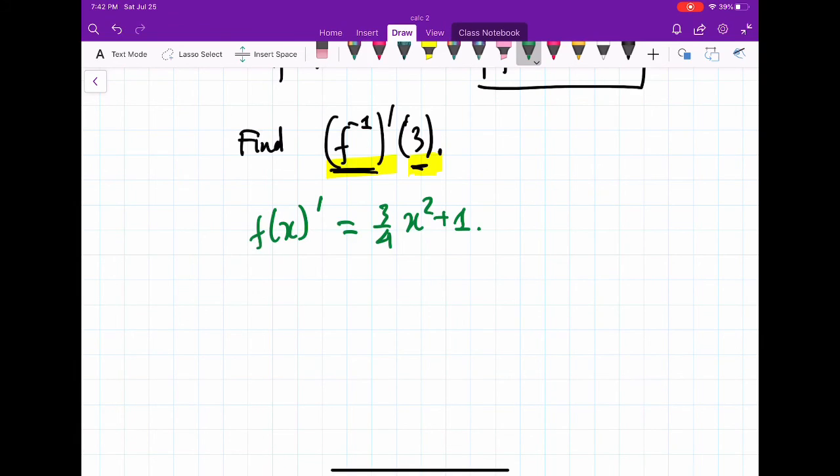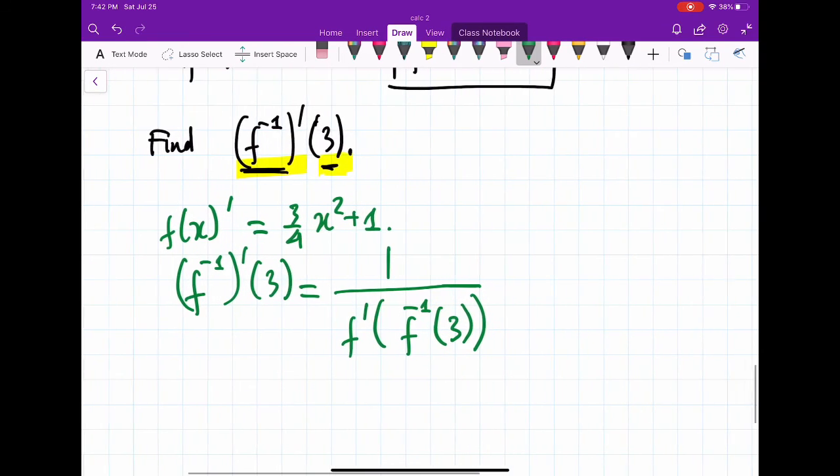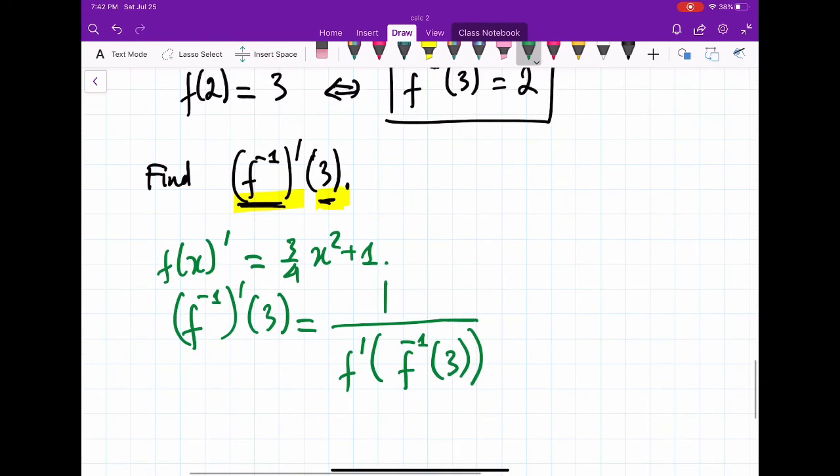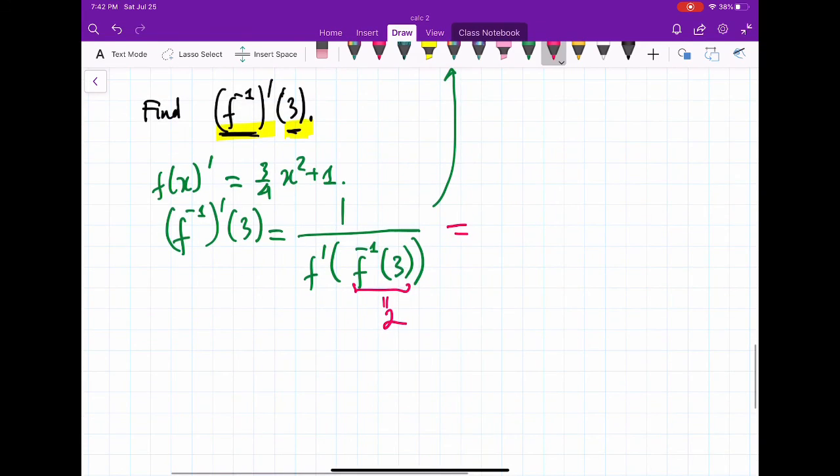And then we know that f inverse derivative at 3 is equal to 1 over f derivative at the inverse at x equal to 3. But we already know from the previous question that the inverse function at 3 is 2. So this is 1 over f derivative at 2.